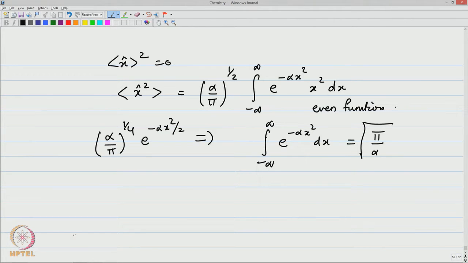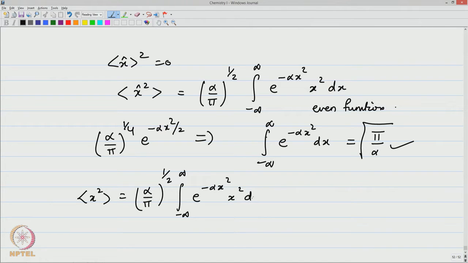So, this is known. Let us do the square average, and that is alpha by pi to the 1 by 2 integral from minus infinity to plus infinity x square e to the minus alpha x square dx.